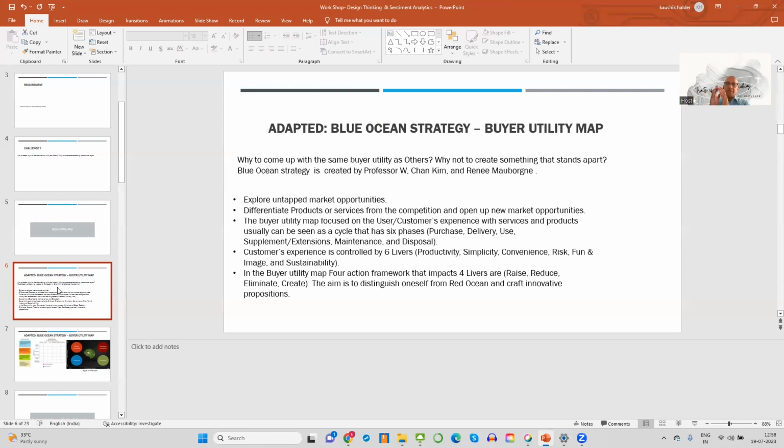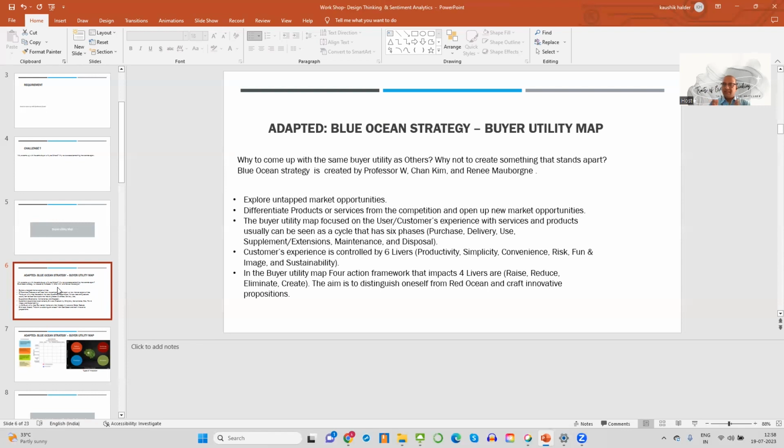These phases of the customer are controlled by 6 levers: productivity, simplicity, convenience, risk, fun, and sustainability.